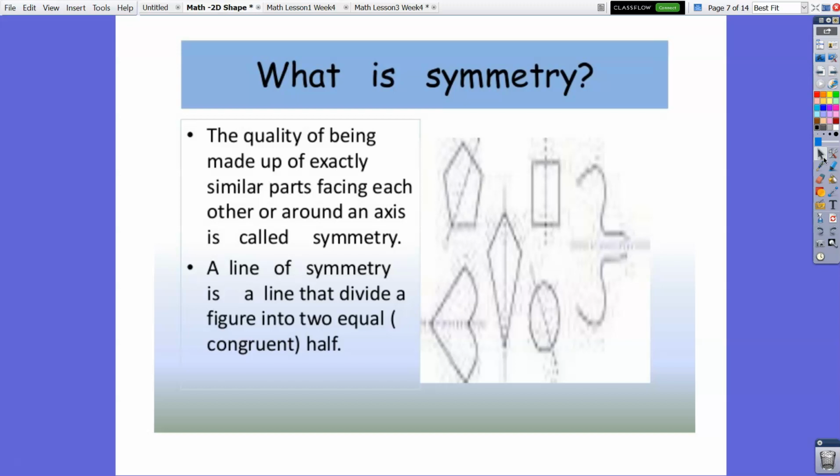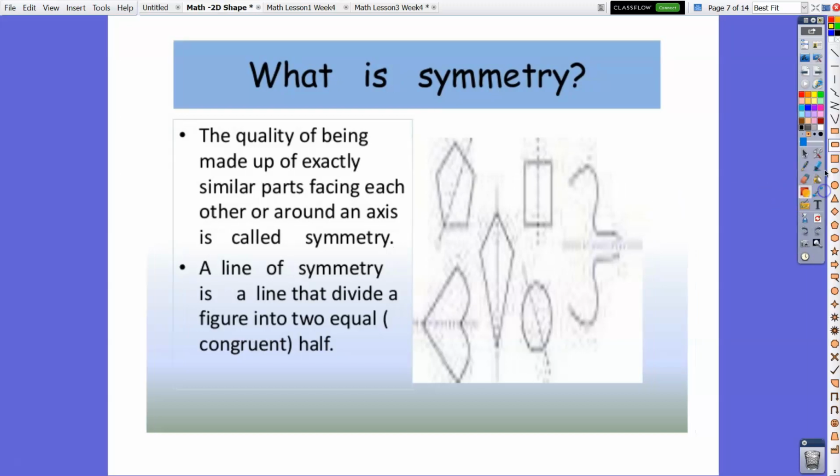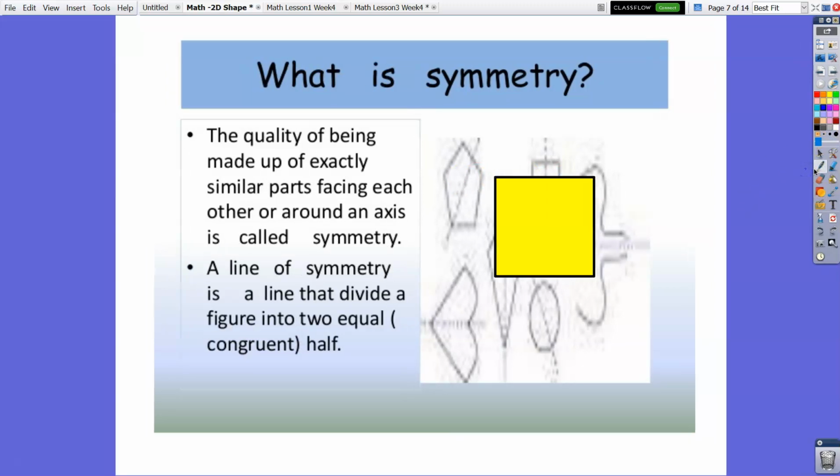Take a look at a square. If we are going to divide the square into two equal parts, we can use the vertical line. Exactly, it has the same equal parts.